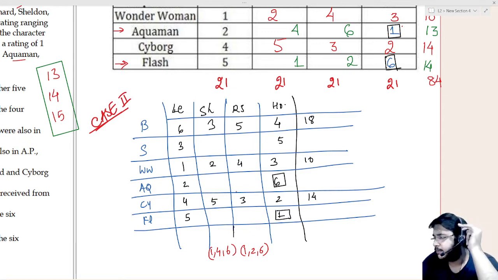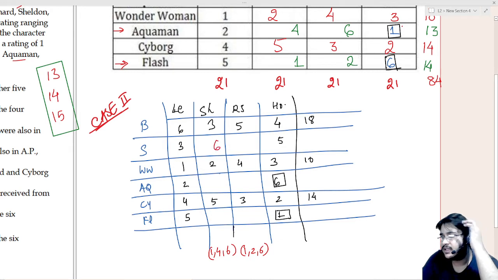So let me fill it up a little faster. I'll start off by giving it a 6 over there, and I will give this a 4, and 6 and 4.